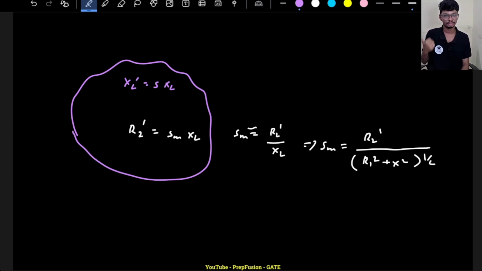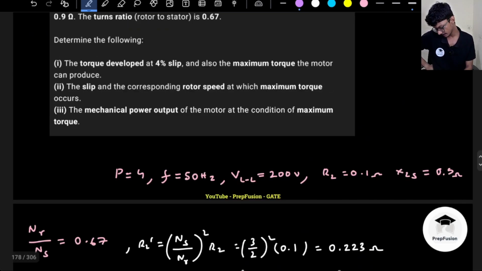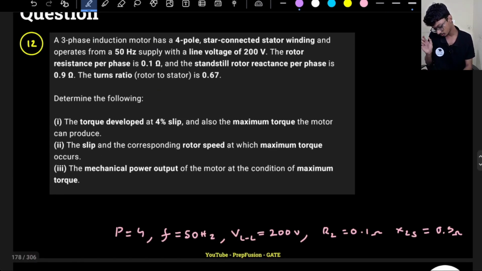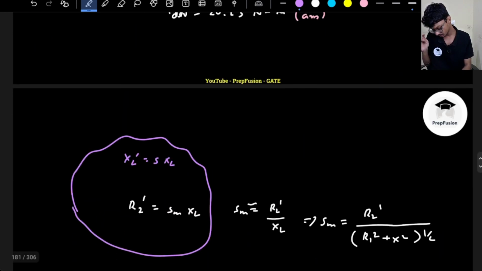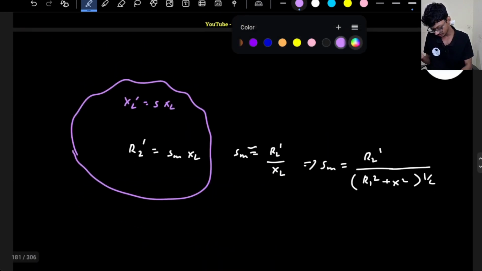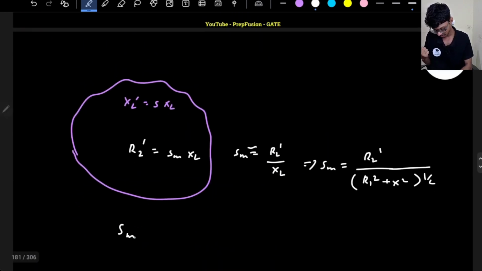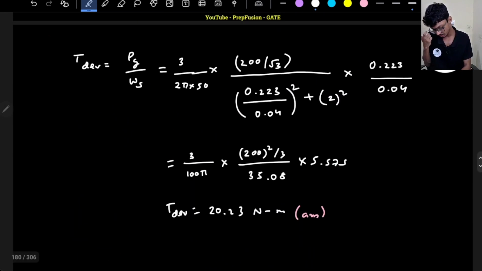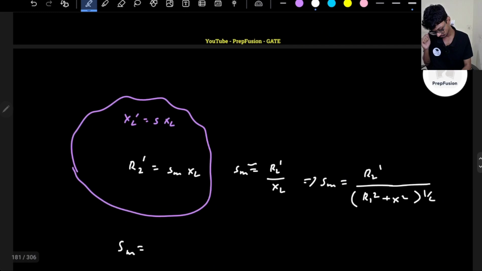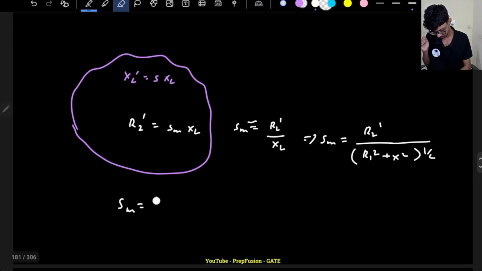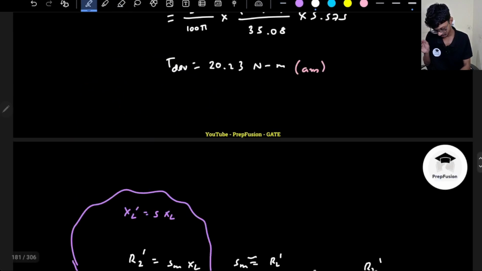Okay, so they're asking us what is the slip and the corresponding rotor speed at which the maximum torque occurs. Slip will be, because they have not given us any stator reactance, R2 dash, which is 0.223, divided by X2.